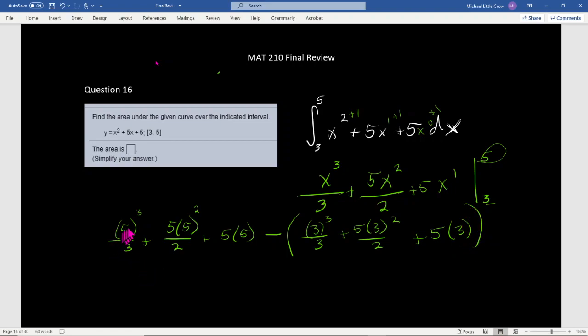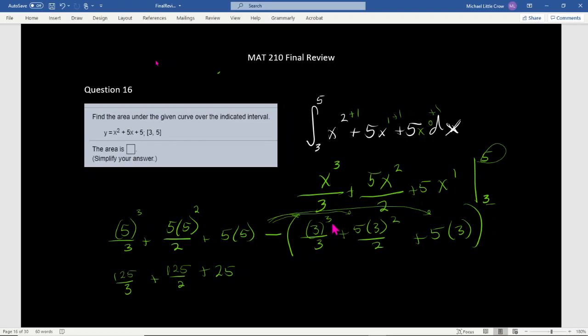Okay. We can calculate. This is going to be 125 over 3. This is going to be 25 times 5, that's also 125, that's over 2, and this is going to be 25. Because we have some common denominators here, instead of trying to put this all together, I am going to back off, and I'm going to distribute the negatives, because I think we will get some nice things happening as far as simplifying.